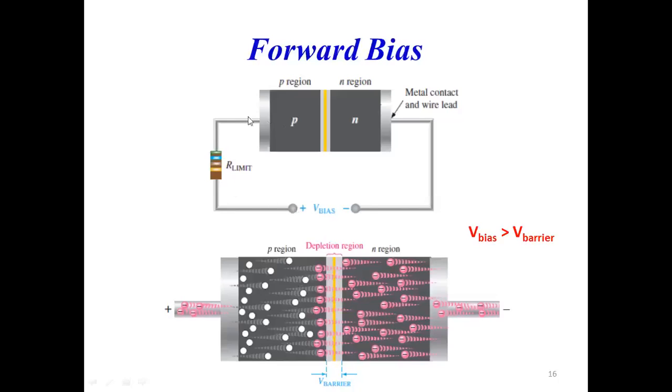These holes will be repelled from this terminal. Similarly, the electrons will get repelled from the negative terminal. And what will happen? The electrons will enter the P region and holes will enter the N region. The same thing is shown here.